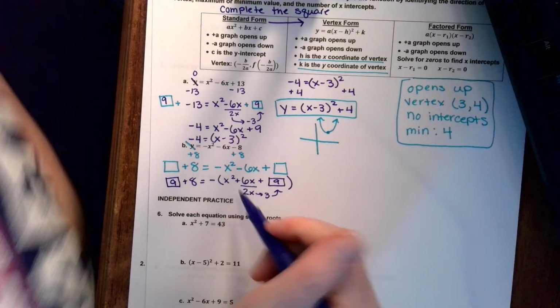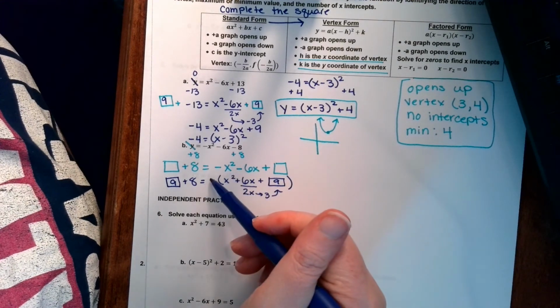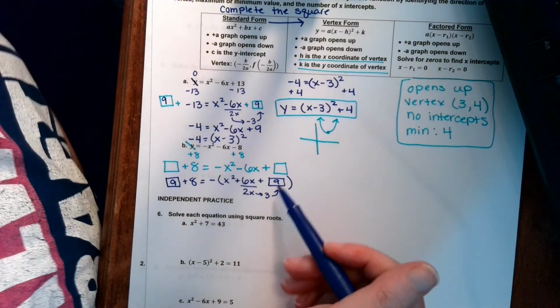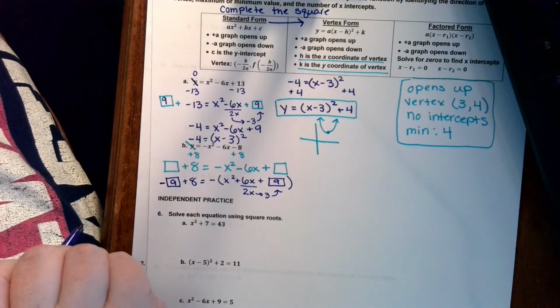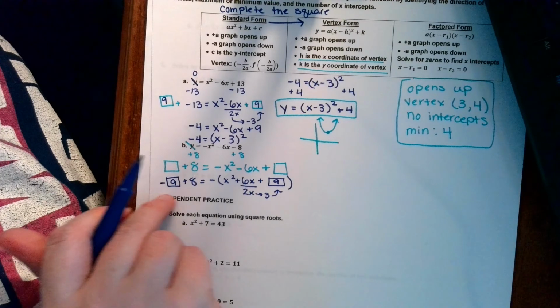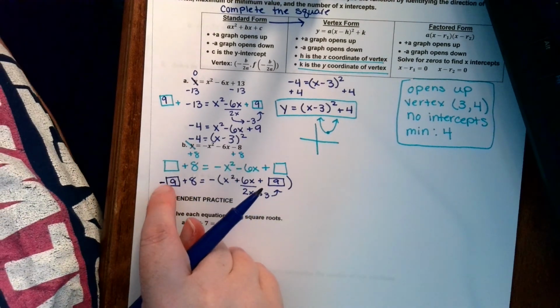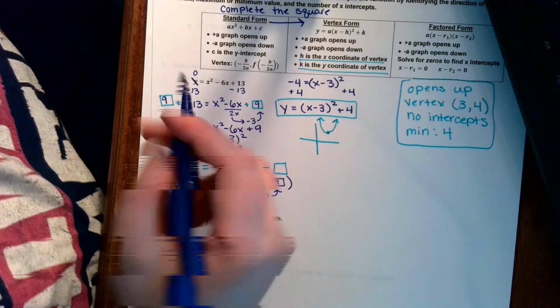Okay, so this box should always be positive. But because we have this negative on the outside, I could distribute that negative. That would make this a minus 9. I had to double check my math real quick, because it was starting to throw me. So we're going to make this 9 negative. So we have negative 9 plus 8, and negative 9 plus 8 is negative 1.